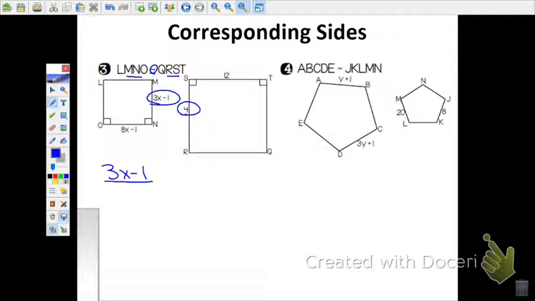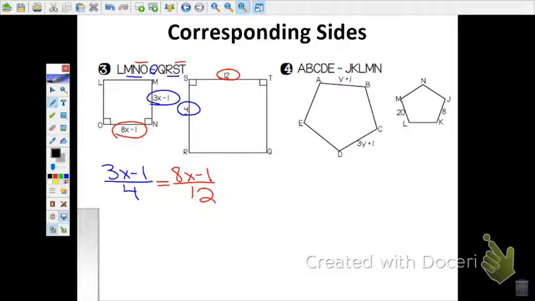So 3x minus 1 over 4 is the scale factor. Cannot simplify it. That's okay because I have to set up a proportion that is equal to 8x minus 1 over, that matches up with ST, which is 12.